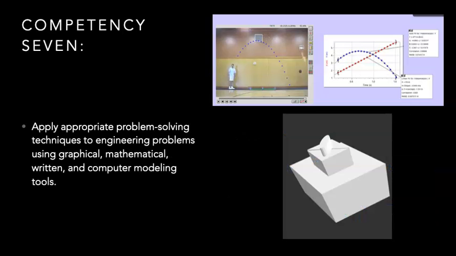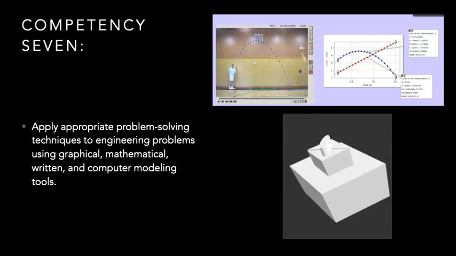Competency 7: apply appropriate problem-solving techniques to engineering problems using graphical, mathematical, written, and computer modeling tools. My biggest evidence of this is all the work we did with Tinkercad this semester. I included the screen grab of the game piece, but we also used it in a couple of other things, primarily the pyramid project and then the final model for the bridge project.